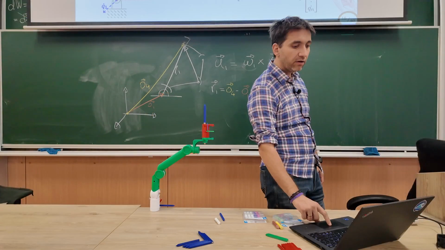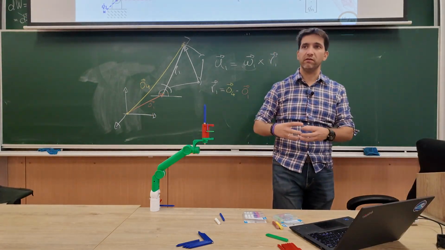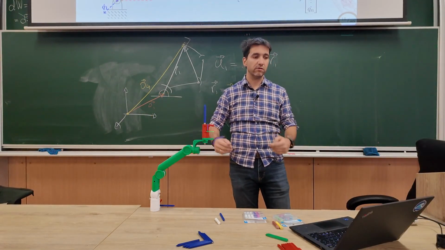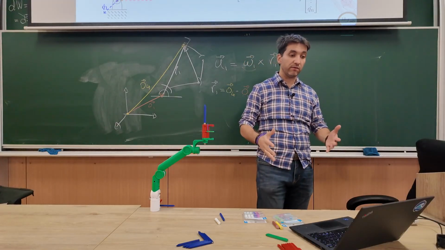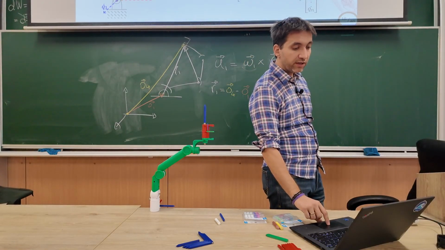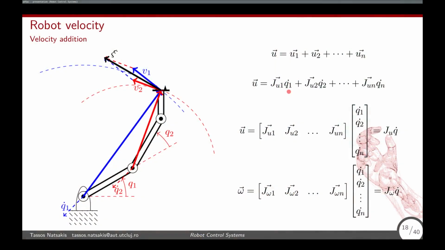So the angular velocity of the end effector will be the sum of the individual contributions from the joints, because they're vectors I can add them together, which we wrote as J omega 1 q dot 1, and so on. And in the end, I can also write it in this form, where I have all the direction vectors and the magnitudes, in a condensed form like J omega times q dot.